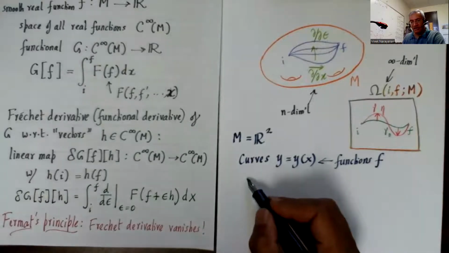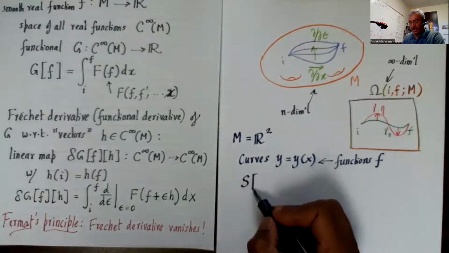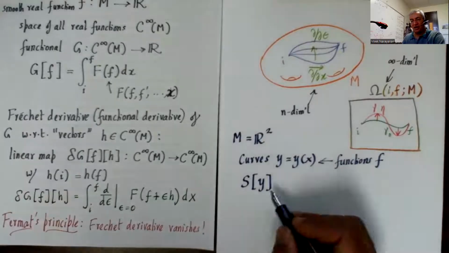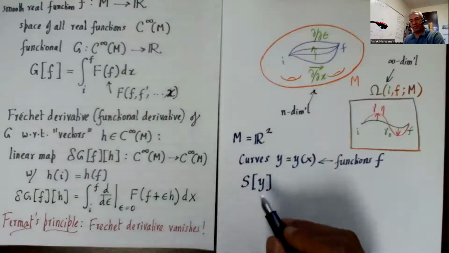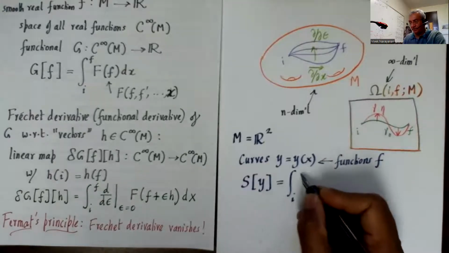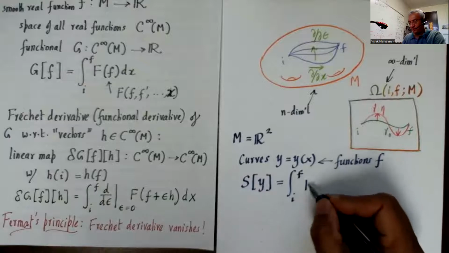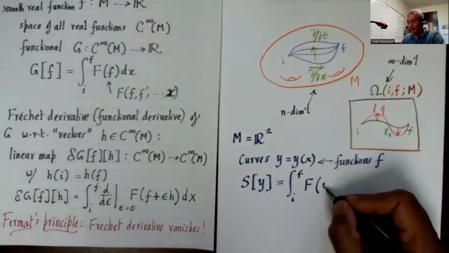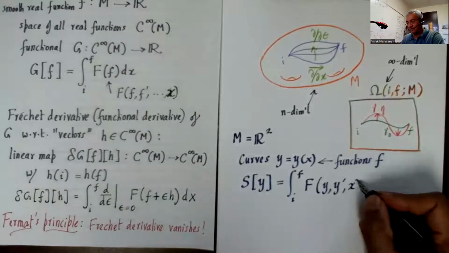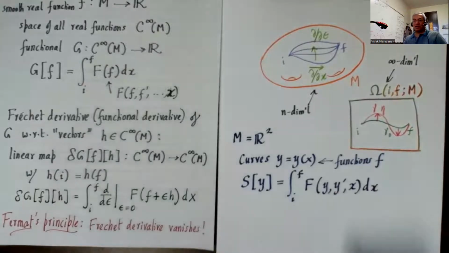Now we're going to look at our S. S is like g, our functional. Our functional is a function of each of these curves. And it's given by the integral from I to f of some random function, capital F, and we'll now specify what it's a function of: y, y prime, x, dx. Now I stuck to just the first derivative because that's all Euler wanted.